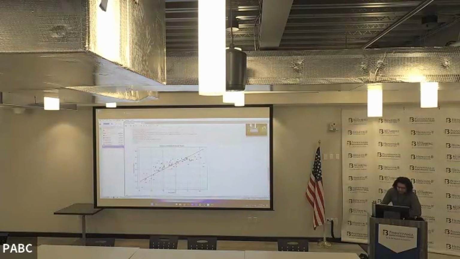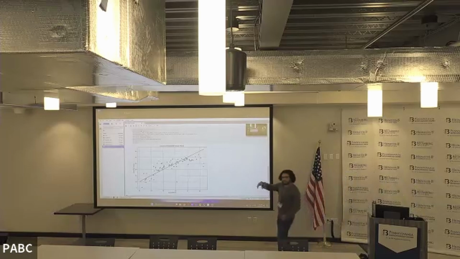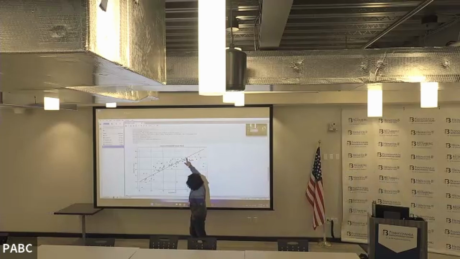The points on the line are where the actual and the predicted were accurate. But here, the actual price might have been 10, but it predicted something else. So it's not that good of a model because we have a lot of error. Remember, I told you guys about the cost function, how it has to be closer to the line. We have some error here, but we have some good points around here for the prediction.